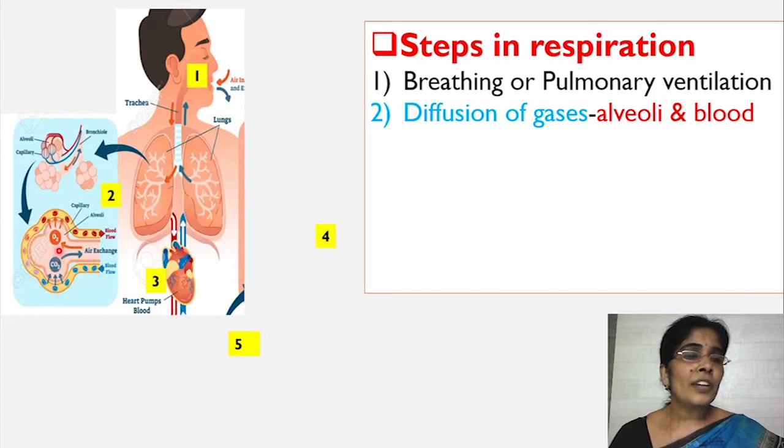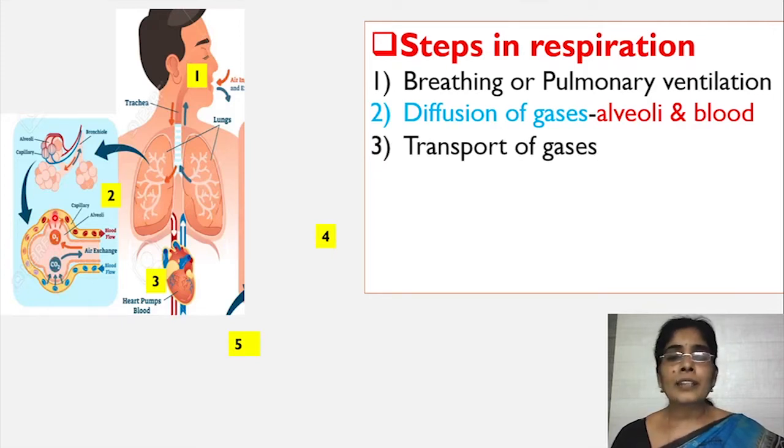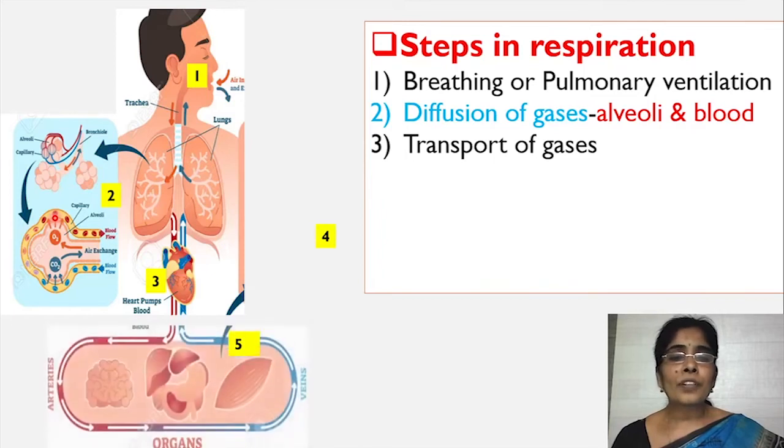Here, diffusion of gases takes place through the alveolar membrane. This diffusion occurs between the alveolus and blood flowing in the capillaries. Carbon dioxide present in the blood is diffused into the alveolus, and oxygen from the alveolus is diffused into the blood. And the third step is transport of gases.